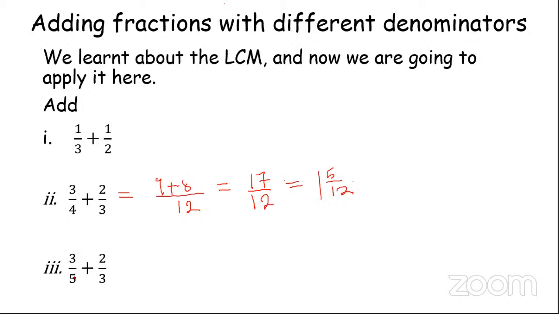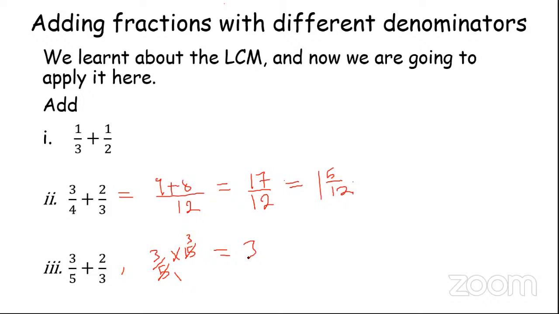Then 3/5 plus 2/3. So LCM of 3 and 5 would be 15. So we shall get 3 over 5 times 15. So by 1 by 3.